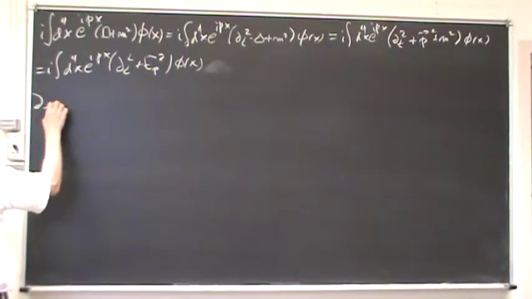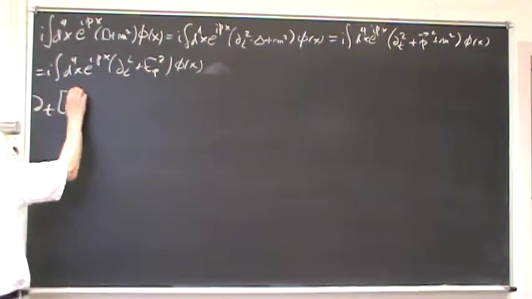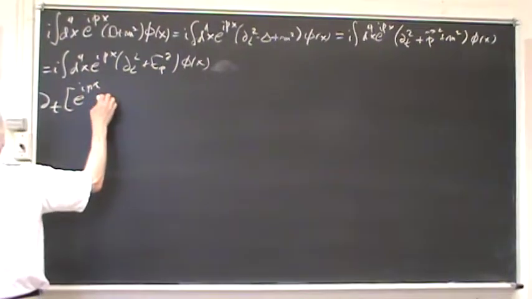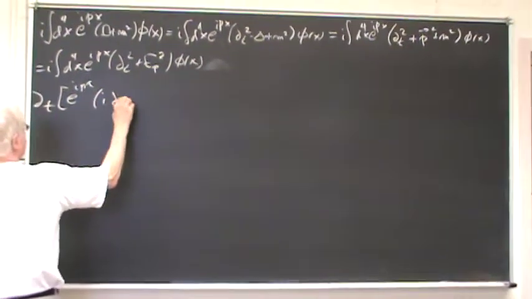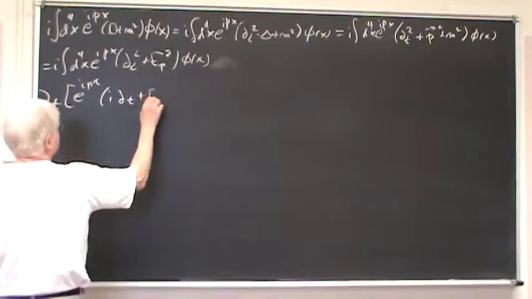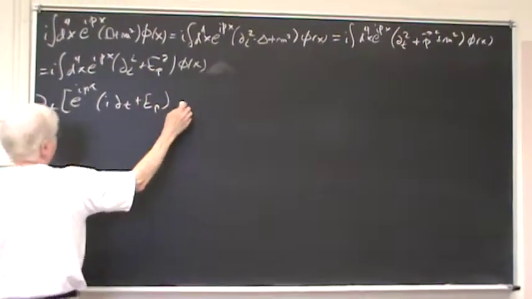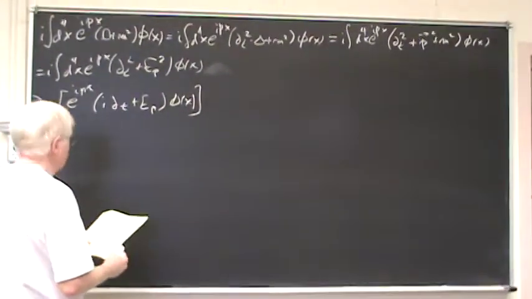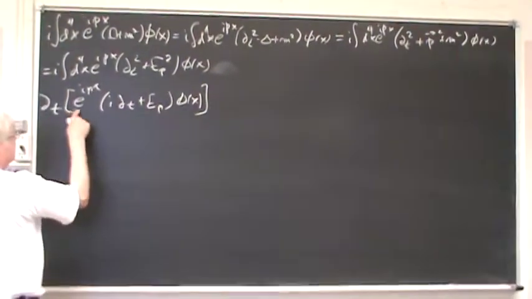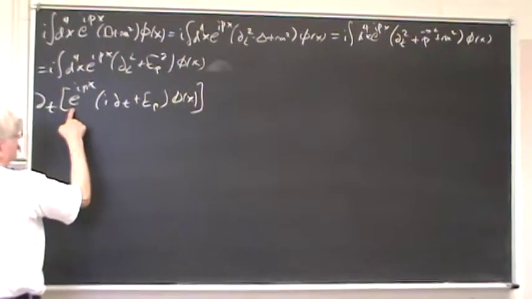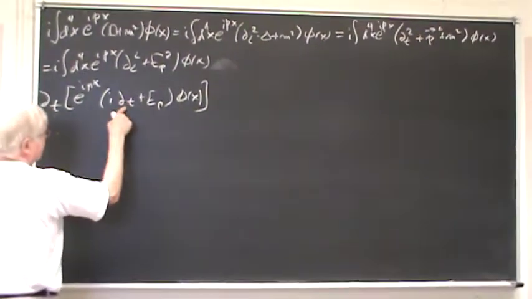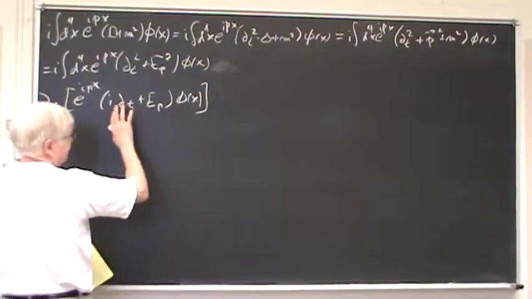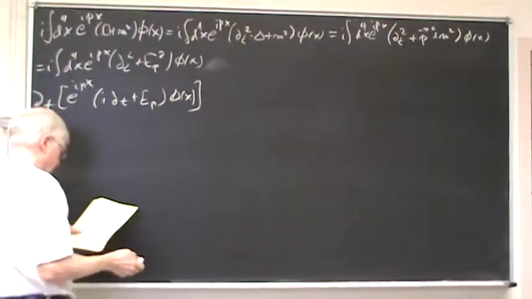He says d by dt of e to the I px, I d by dt plus ep, on phi of x. Now you can manipulate this. The d by dt can hit this, or it can go forward and couple with this and this, getting ready to act on the phi.